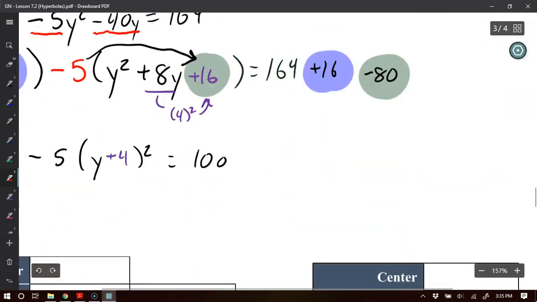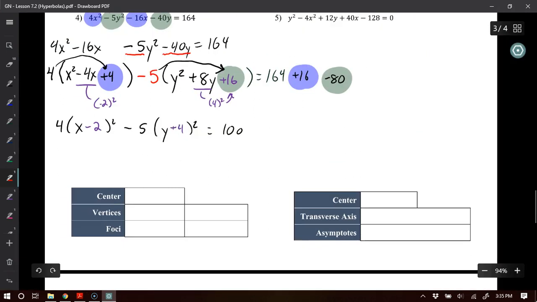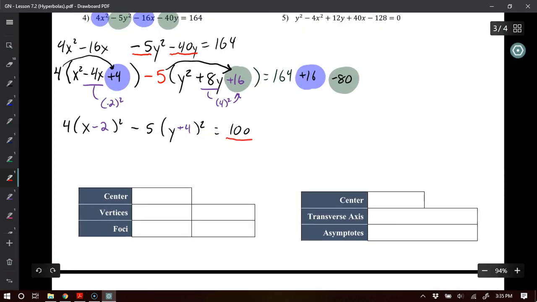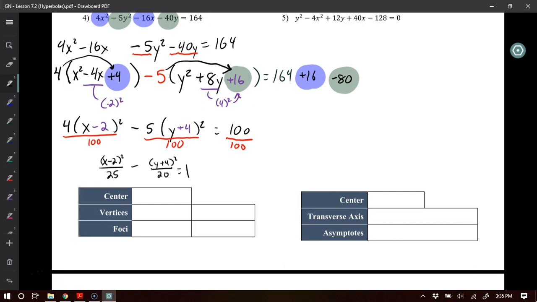So we're going to do the same thing that we did for an ellipse: create that 1 on the right-hand side by dividing. I have to divide each term on the left-hand side by 100 as well. So I have x minus 2 squared over 25, and y plus 4 squared over 20 equals 1. There's my standard form equation.